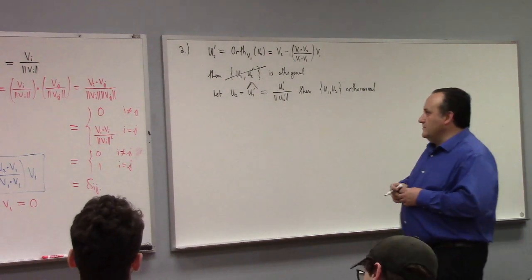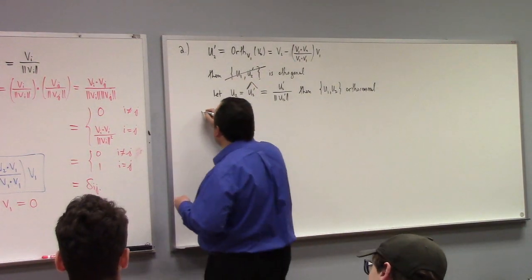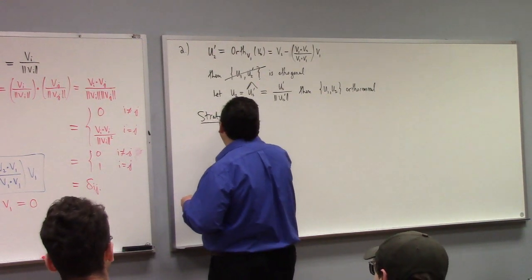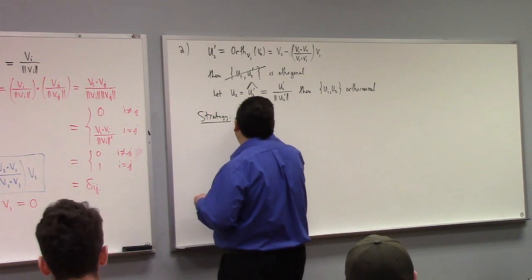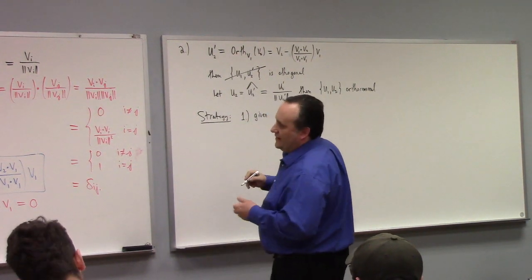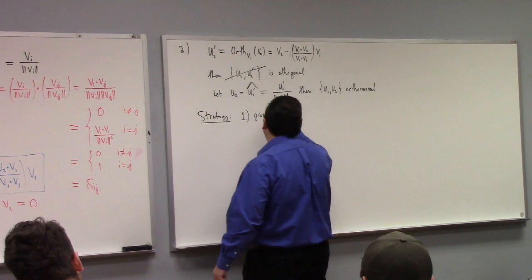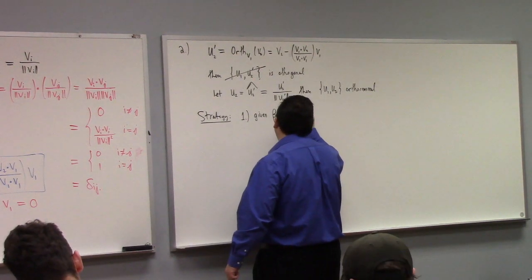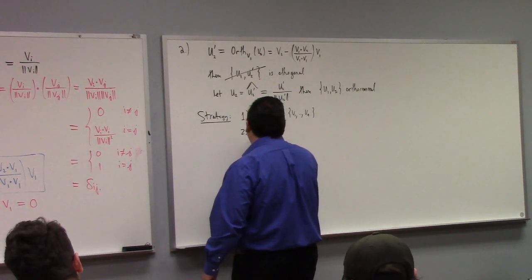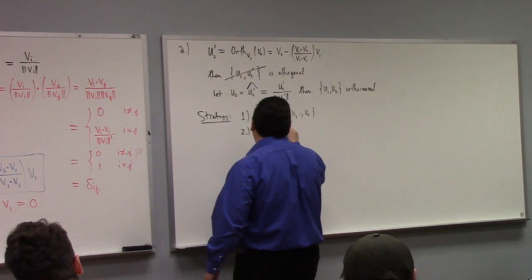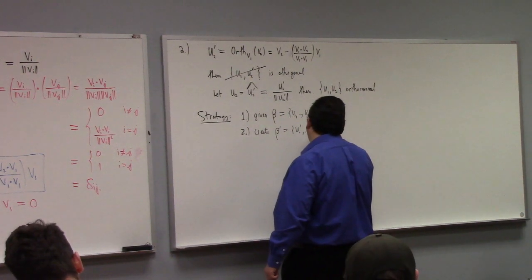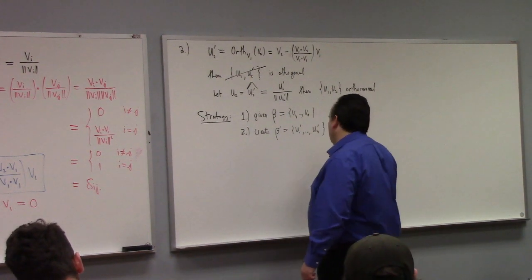So here's a strategy. Number one, given, what am I calling the given? I guess I'm calling it beta. Given beta equal to v1 through vn. Number two, we could create beta prime equal to, say, u1 prime through un prime, right?